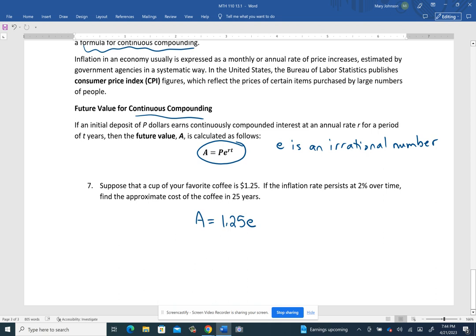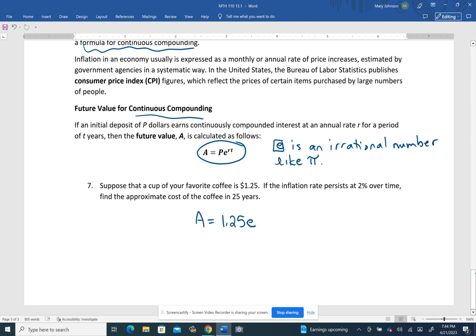The only way I can give you the exact value of E is to use a symbol to denote it, kind of like pi. So E is an irrational number like pi. We know pi is about 3.14, but it's a decimal that keeps on going forever, so we can't really write out the whole entire decimal.